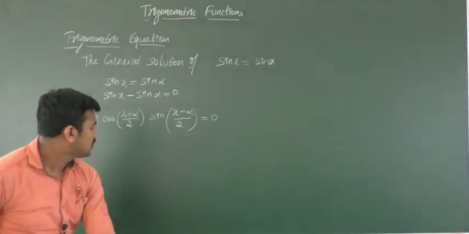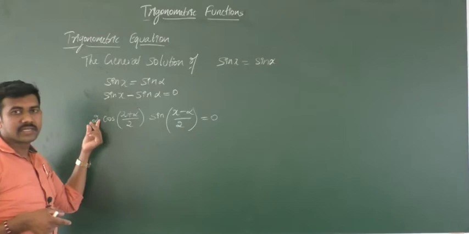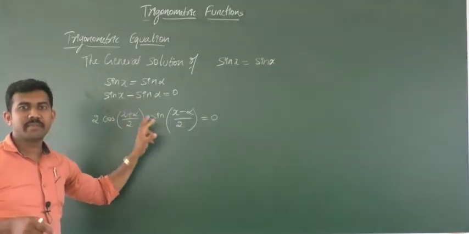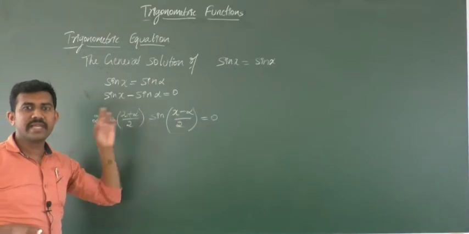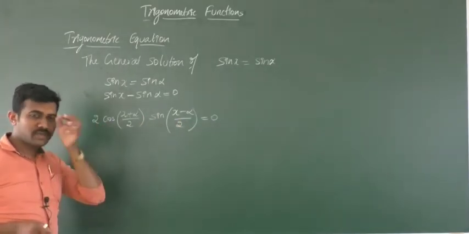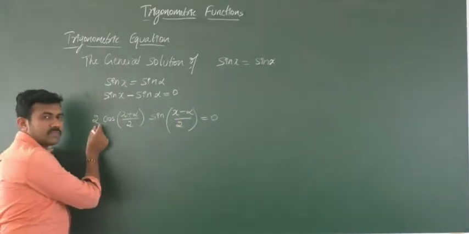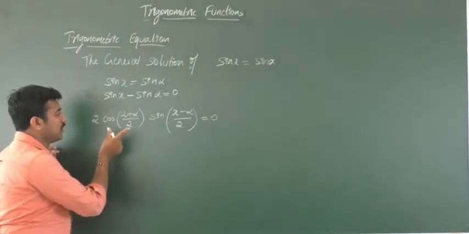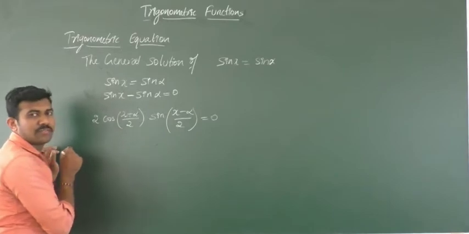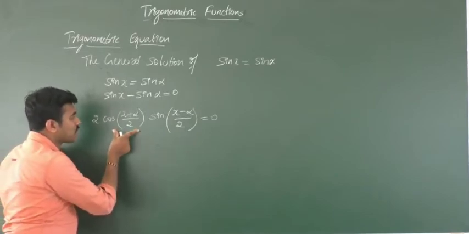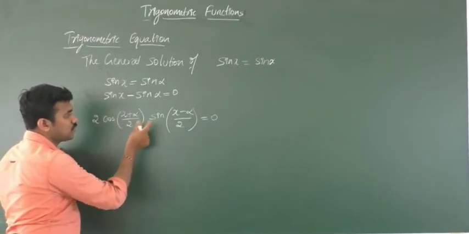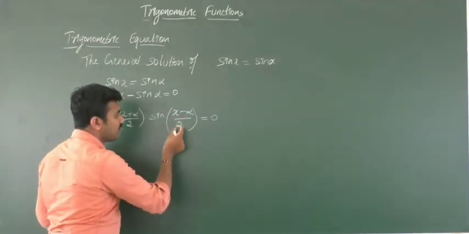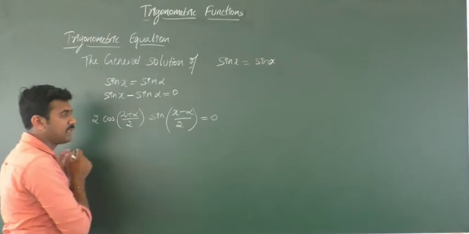Now these three terms, considering 2 also, are multiplied and equal to 0, which means any one of them should be equal to 0. So whether 2 is equal to 0? No, 2 is a non-zero number. So either cos of (x plus alpha) by 2 may be equal to 0, or sin of (x minus alpha) by 2 may be equal to 0.